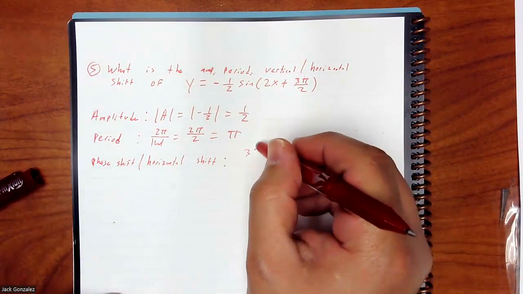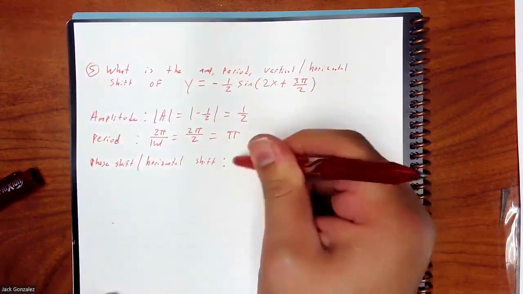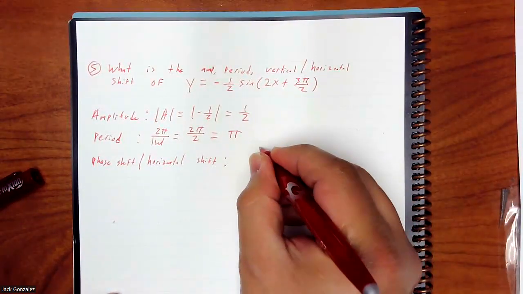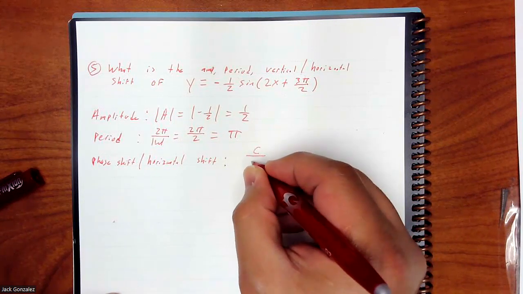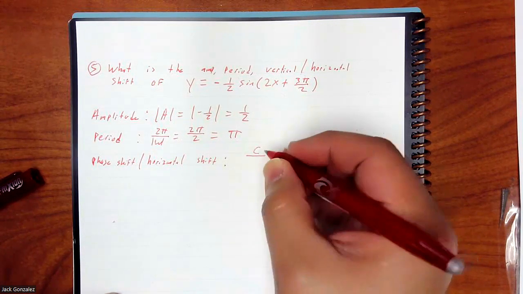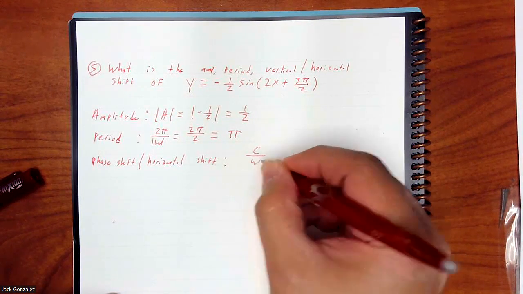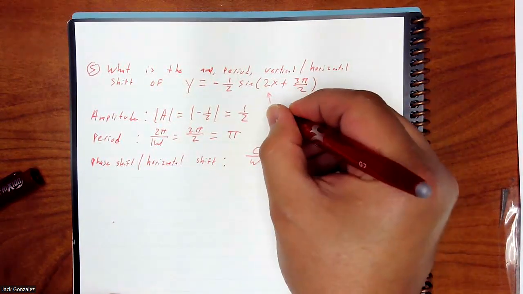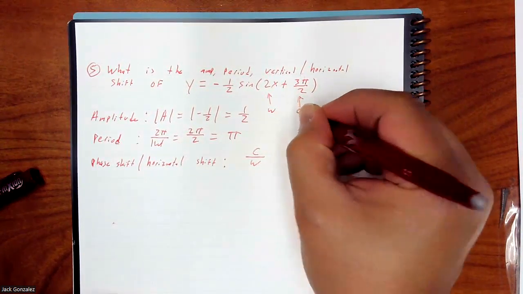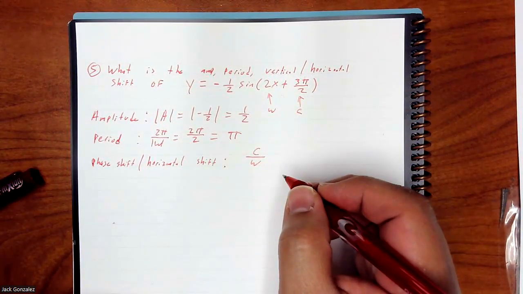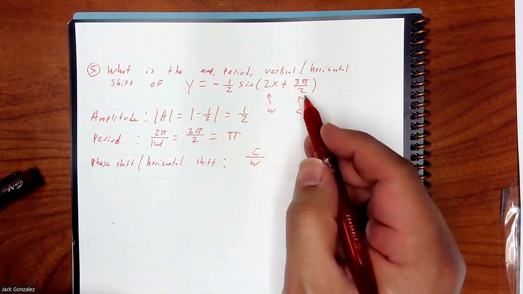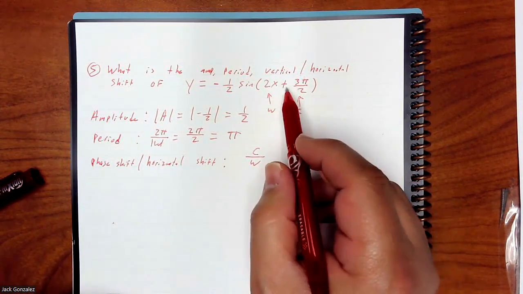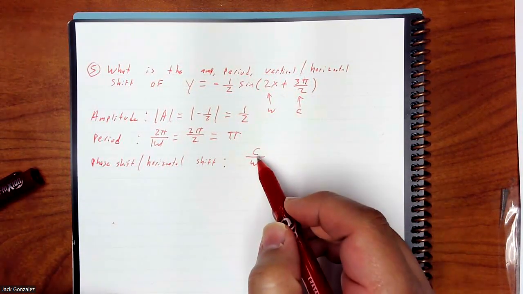I think we used C in the notes, C over omega, or B. But it's always the opposite. In the notes, we had it as a minus. So this should be minus here.